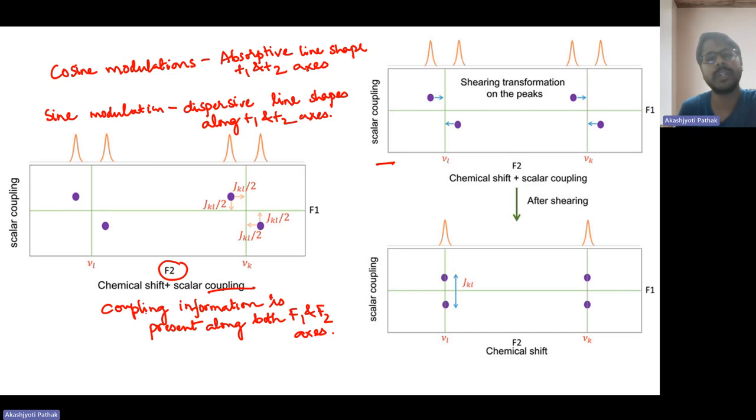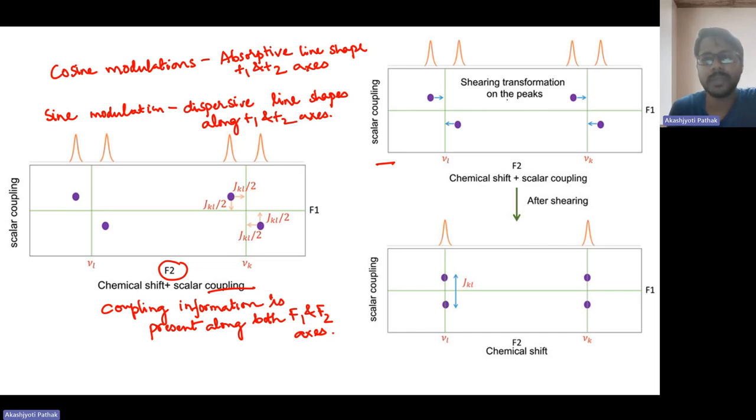But what is desired? It is desired that the scalar coupling and the chemical shift are separated, resolved. That is why it is called J resolved spectroscopy. We want the chemical shift on one axis and the coupling on the other axis. Since the coupling information is present on both axes F1 and F2, and we desire that it be present only on one axis, chemical shift must be present only on F2, and the scalar coupling only on F1.